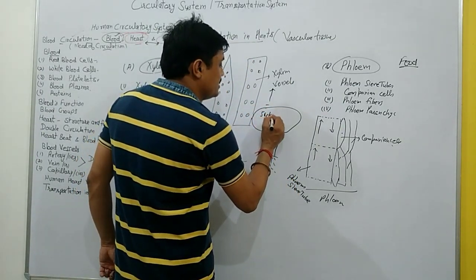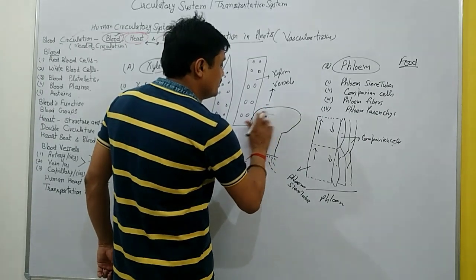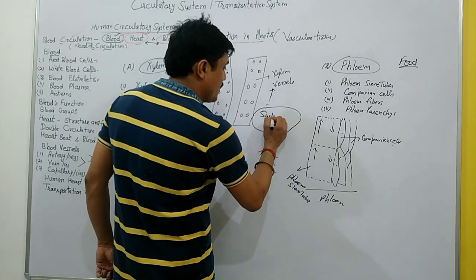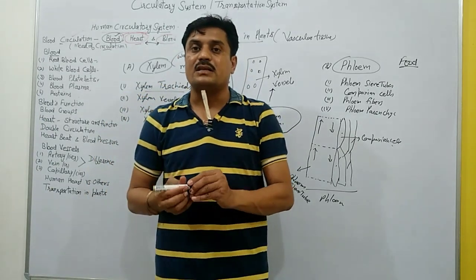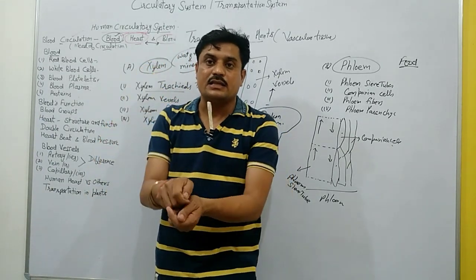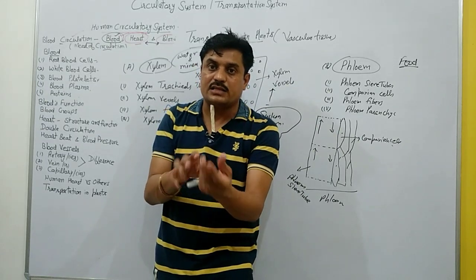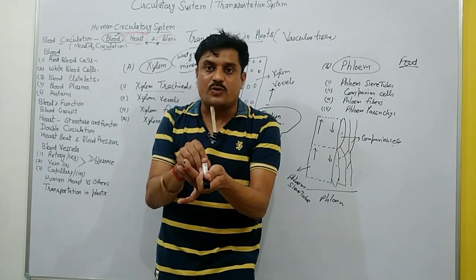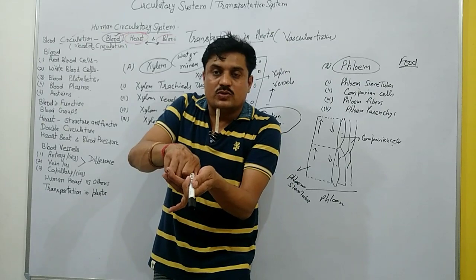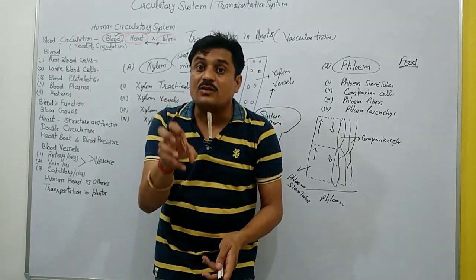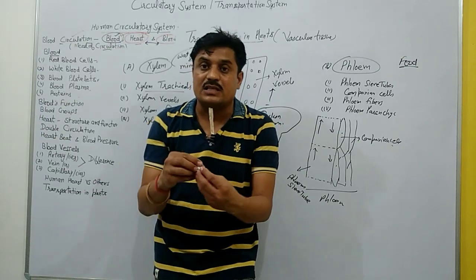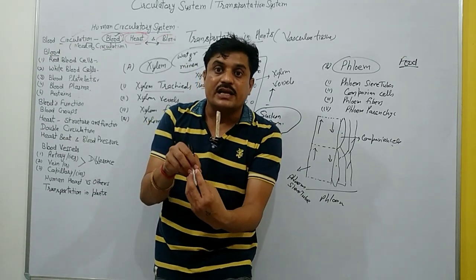What is suction pressure? This suction pressure is like that pressure. Take a syringe, and in the syringe there is a tube, and the tube is provided with a piston. When you pull the piston upward, then it develops a pressure.